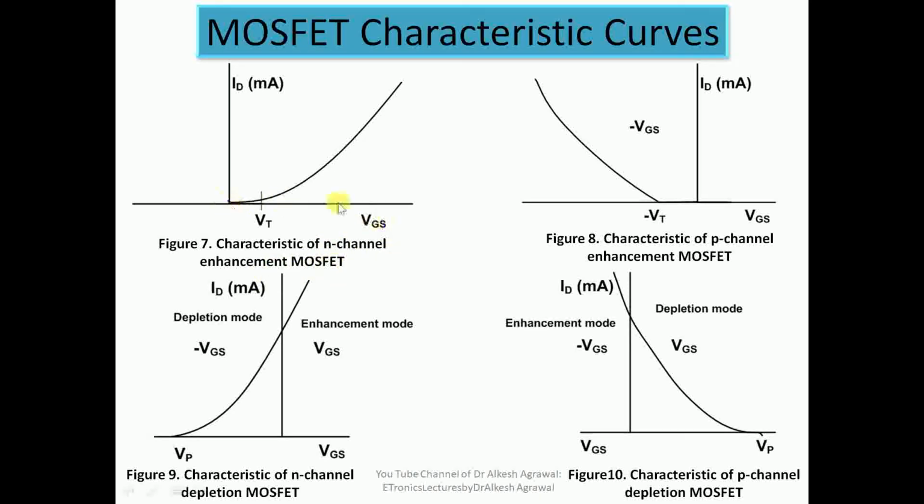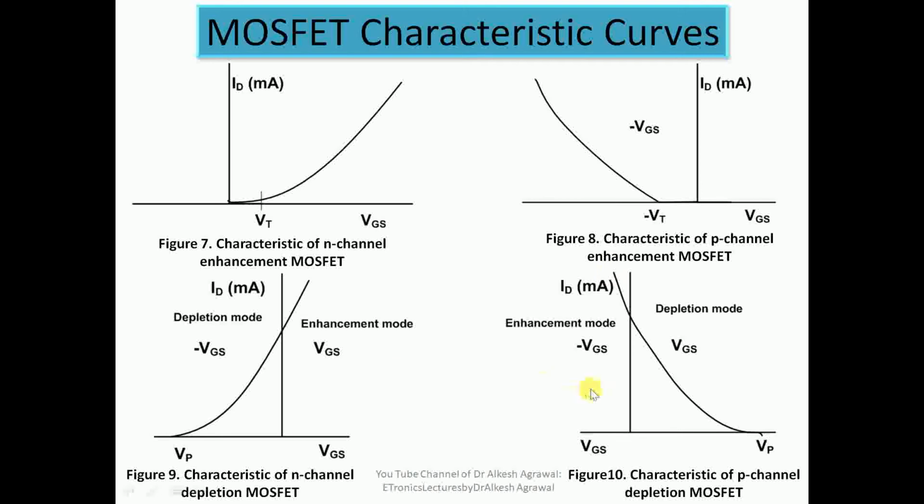So the gate to source voltage will be of positive polarity, greater than the threshold voltage. But if we have a P channel enhancement MOSFET, the gate to source voltage will be of negative polarity, greater than the threshold voltage. Through these characteristics we can understand the functioning of N channel and P channel enhancement MOSFET.